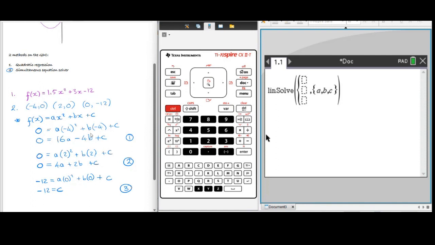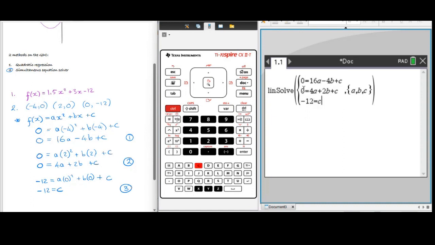So my first equation over here is 0 is equal to 16a minus 4b plus c. My second equation, 0 is equal to 4a plus 2b plus c. And my third equation, which I know is not really an equation, -12 is equal to c.